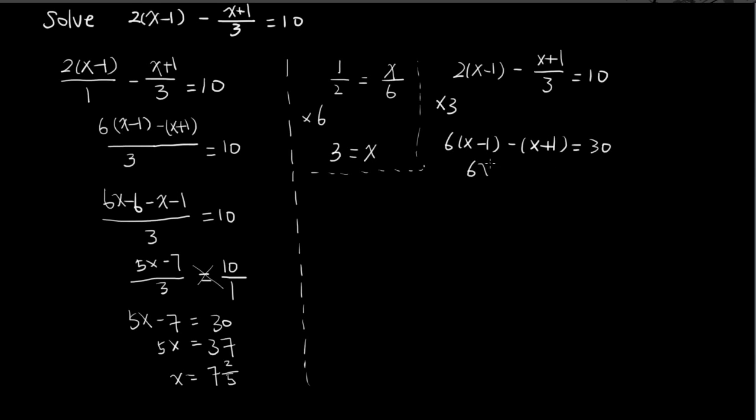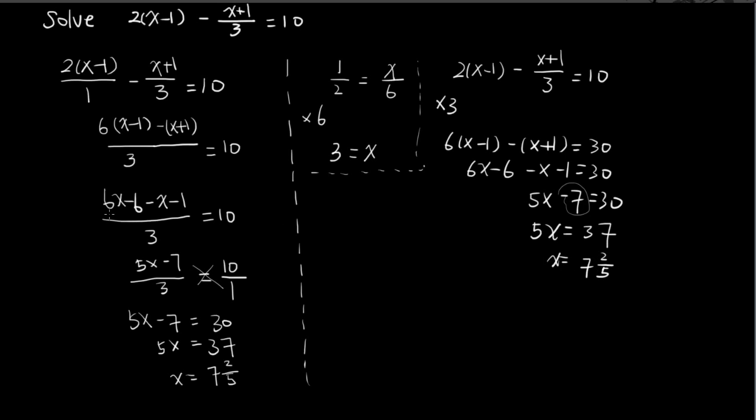Let me expand first: 6x - 6 - x - 1 = 30, and then 5x - 7 = 30. I'm going to leave my 5x on the left-hand side and bring the negative 7 to the other side, which gives positive 7. So it's 30 plus 7, which is 37. So x equals 7 and 2 out of 5.